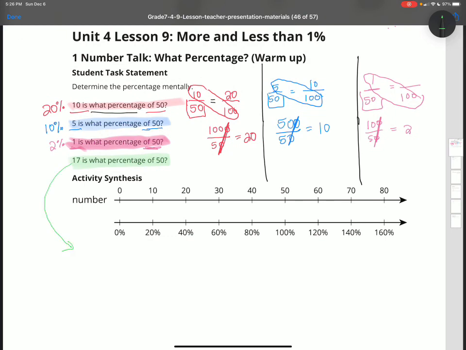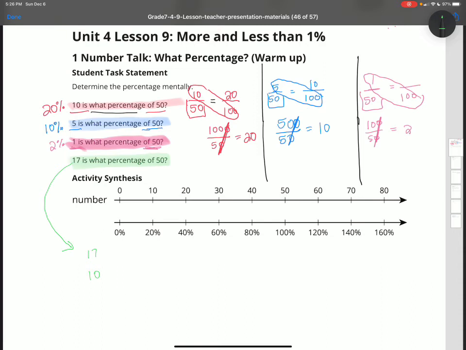So, I have 10%, I have 5%, I have 1%, okay? Not 10%. I have 20%, 10%, 2, 10, 5, 1, okay? 17, and I'm going to break it down. I could take 10 from 17, right?